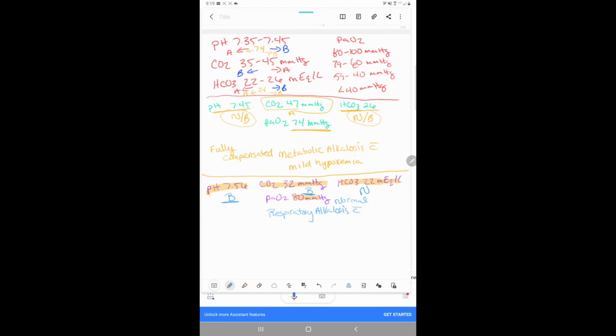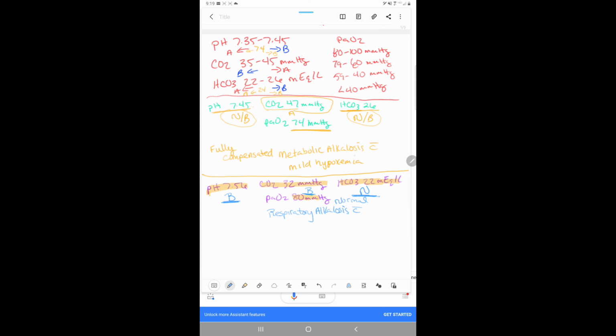Now we got to see if it has been helped or not helped, because we already know it's out of range. So in order to see if it's helped or not helped, we have to look at our bicarb. Did our bicarb come out of range? No, it did not come out of range. It's close, but it's not there yet.